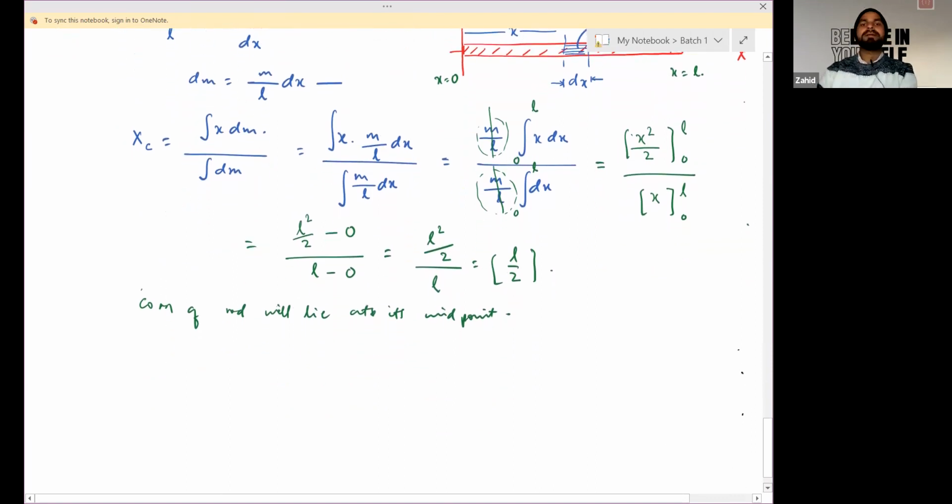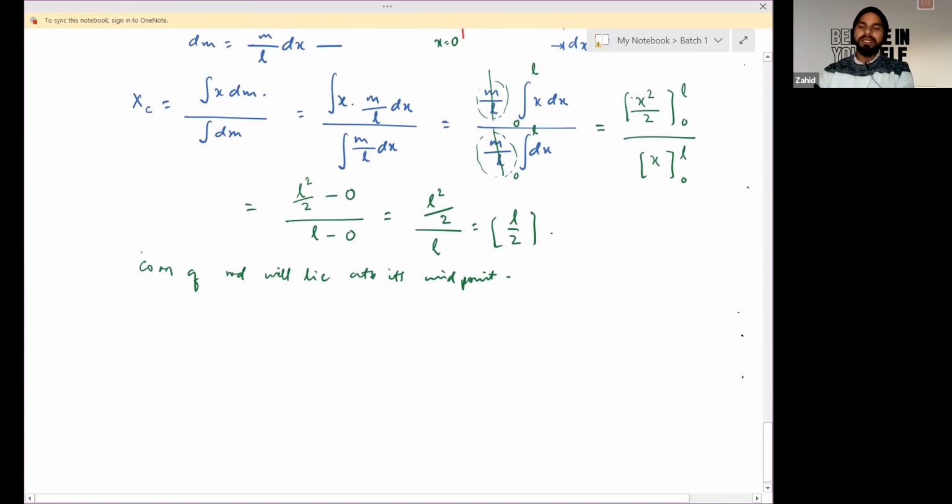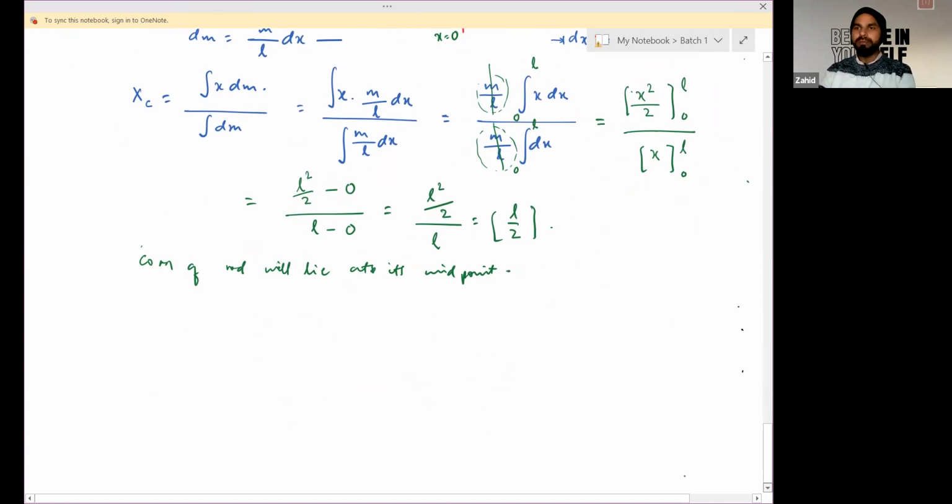Now from this, you can say that for all symmetrical bodies, the center of mass will lie at the intersection of lines of symmetry.